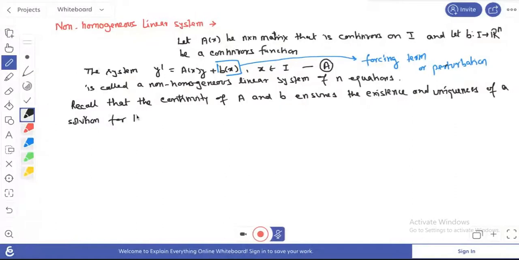So we can write this on the given interval for the system.